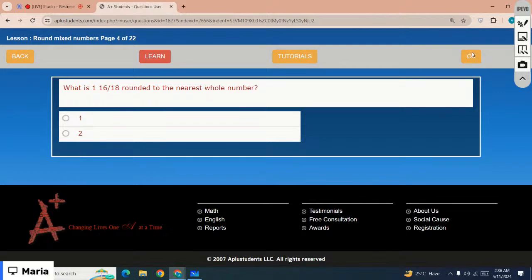So 16 over 18 it is. 16 over 18 is greater than half, right? That means 16 by 18 is greater than half. So you need to round up. That means you need to round up to 2. The correct option is 2.